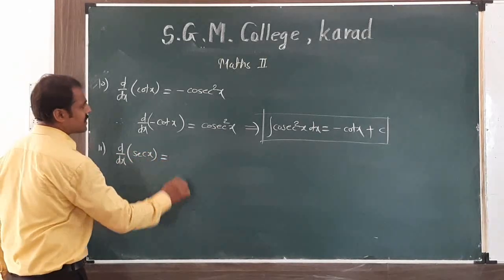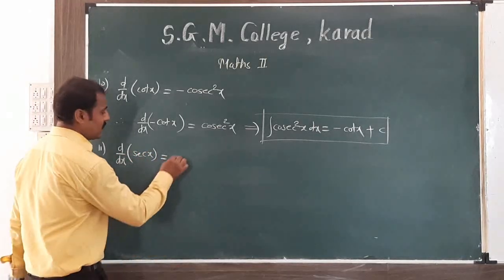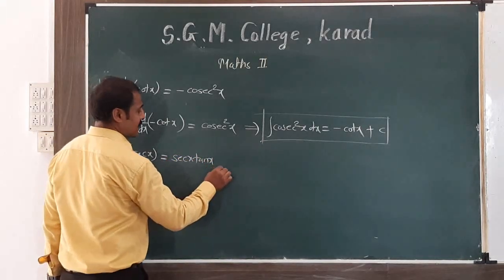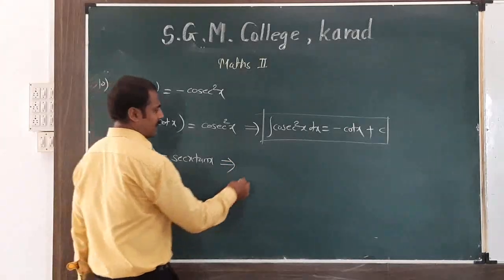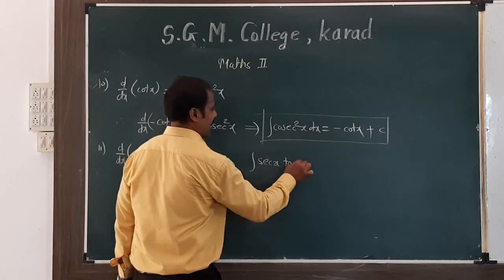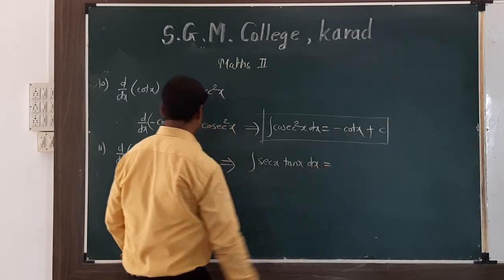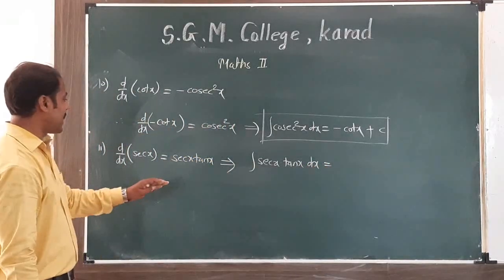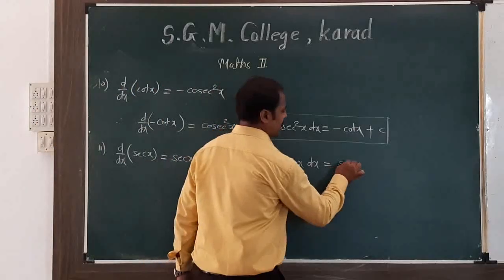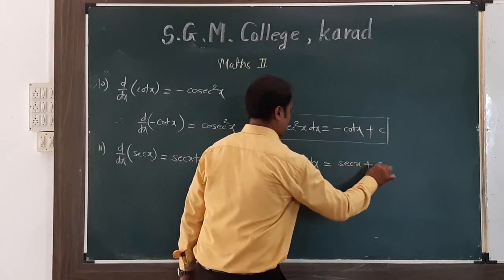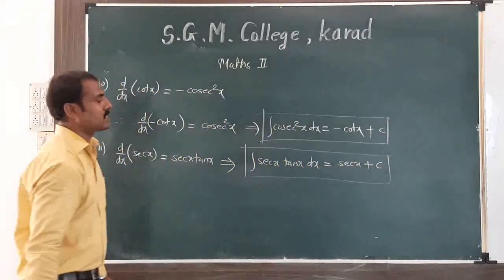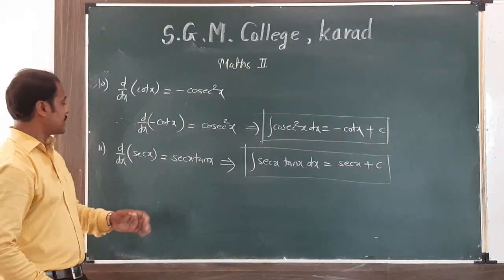Derivative of sec x is what? Sec x into tan x. It implies that integration of sec x into tan x with respect to x is simply sec x plus c. Here is the new formula: integration of sec x into tan x dx is equal to sec x plus c.